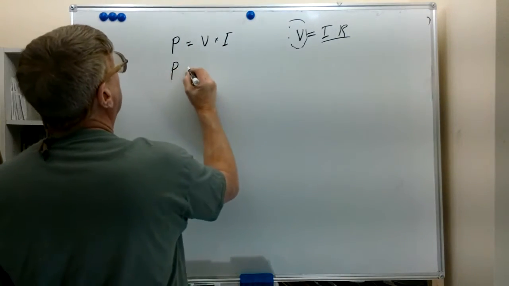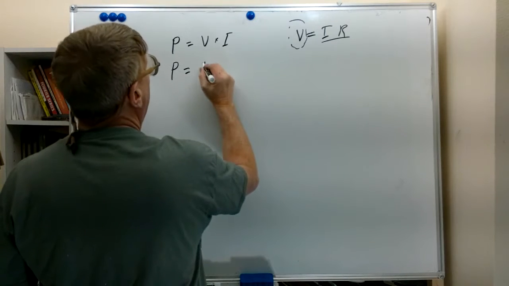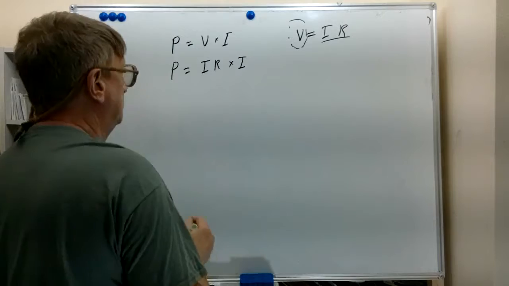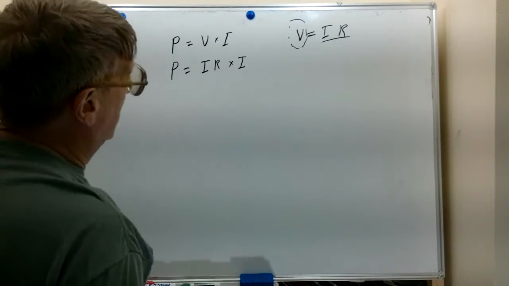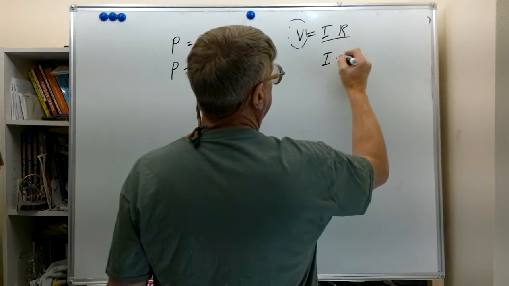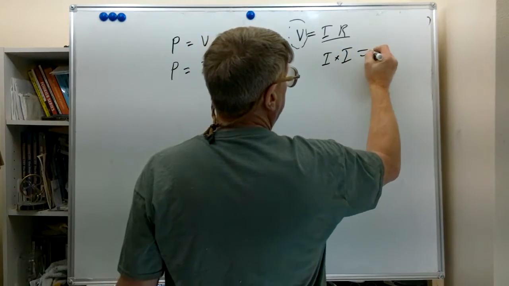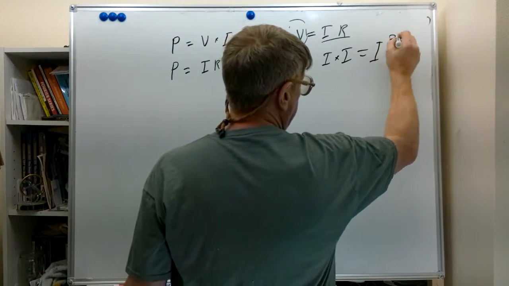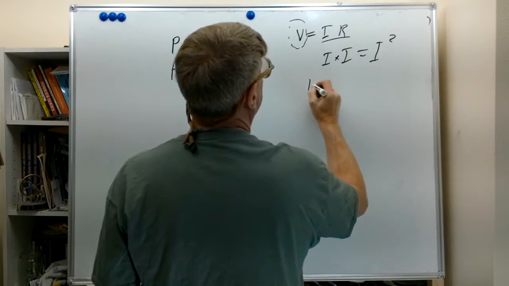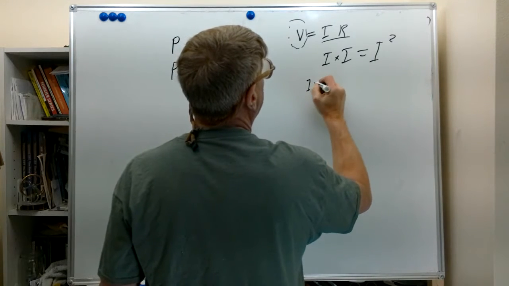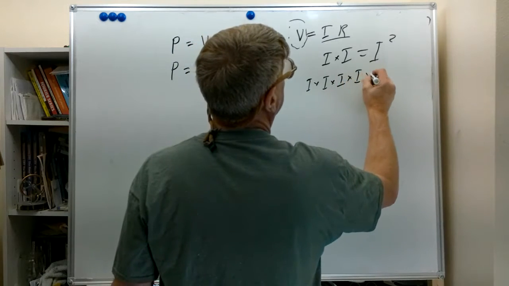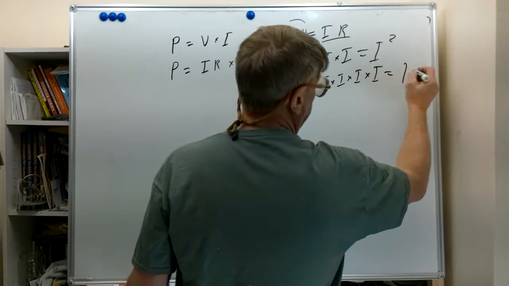So we'll say that power equals IR times I. Now, we're multiplying I times IR, but you're probably aware that I times I is equal to I squared. Or if we had 5 I's, I times I times I times I times I is equal to I to the 5th.